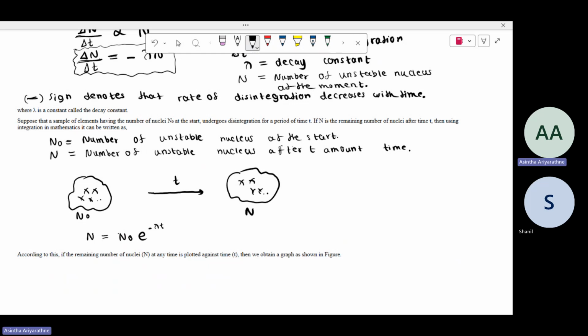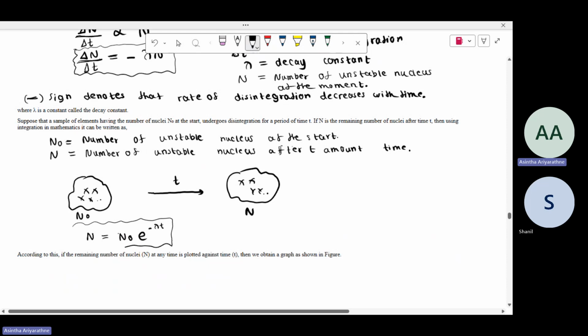Let's say initially there are 10 unstable atoms, then N naught is 10. After 10 seconds, you put 10 for t, and the decay constant lambda should be given, since it is a constant.